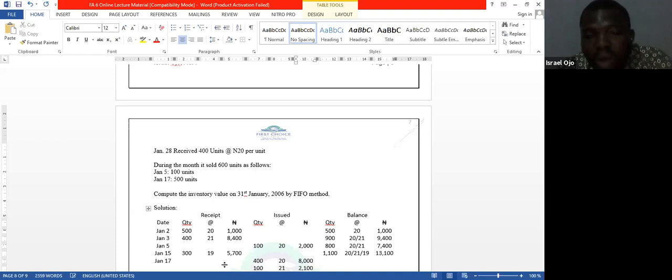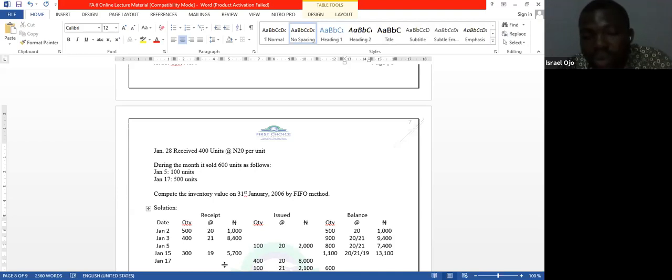Now, for our balance, it will be 1,100 minus 400 minus 100, that is 1,100 minus 500 will give us a sum of 600. We have exhausted the 20, the one that we purchased at 20 naira.